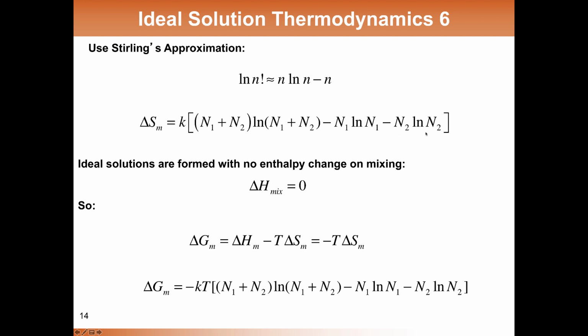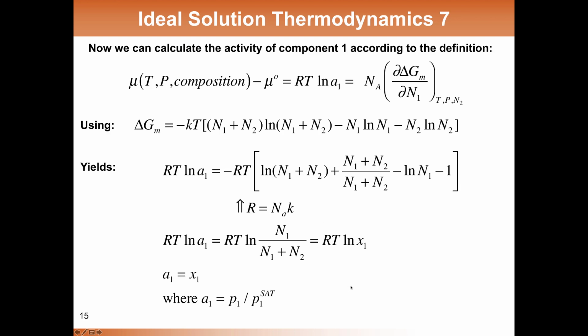Ideal solutions by definition are those which have no enthalpy change on mixing, and so the delta G of mixing, which is equal to delta H of mixing minus T delta S of mixing, if the delta H of mixing is 0, then the delta G of mixing is just minus T times the delta S of mixing, or it's minus T times the expression that's shown here. And so that's what we have at the bottom of the slide.